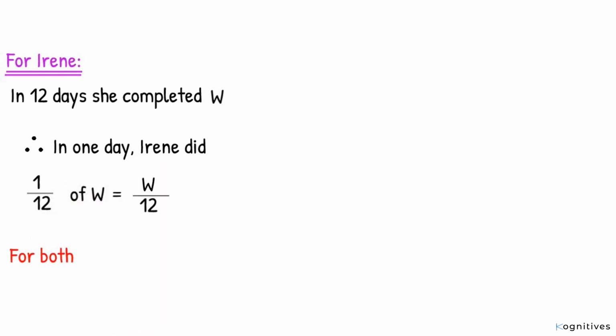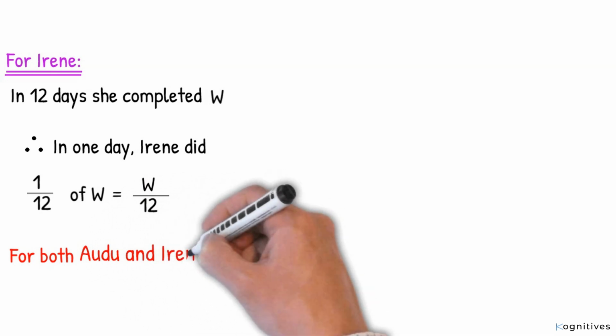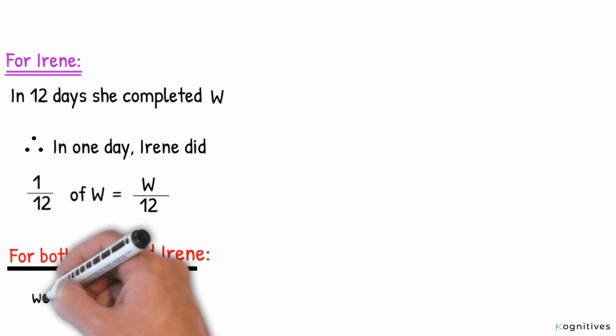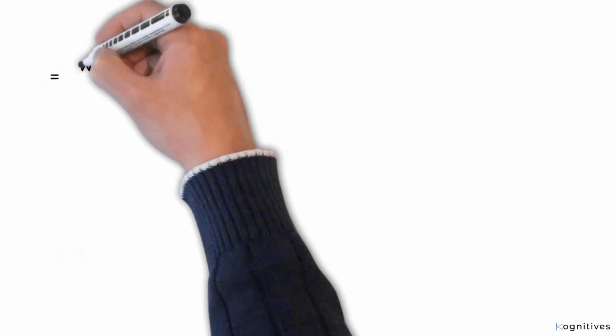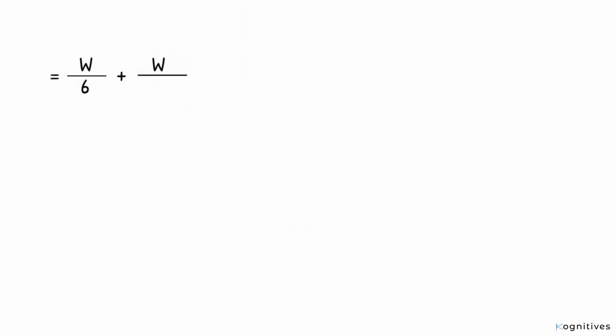Now, for both Audu and Irene working together in 1 day, they will accomplish W/6 plus W/12. The LCM of this is 12. Therefore, working out that addition of fractions, I'm going to end up getting 3W/12.